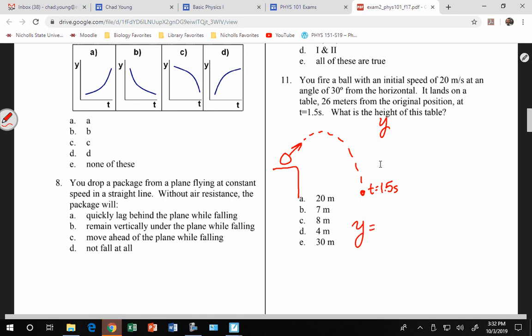I just say y is equal to v naught y t plus 1/2 ay t squared. That's going to be 20 sine of 30 times 1.5 minus 5 times 1.5 squared.